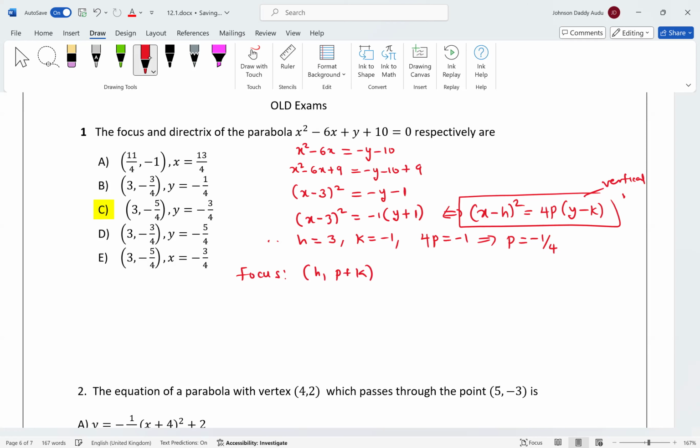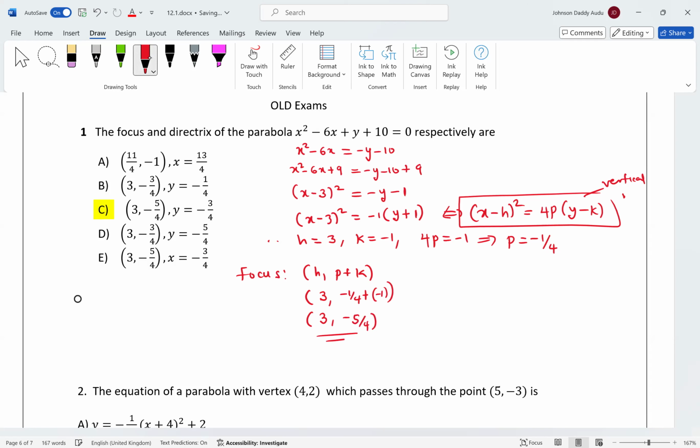And what does that mean? What is h? h is 3. And what is p? Minus 1 over 4, plus k, which is minus 1. So this is 3, and minus 1 over 4 minus 4 over 4. So this is minus 5 over 4.